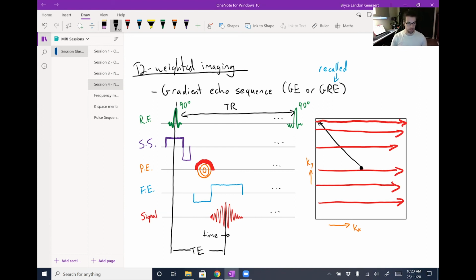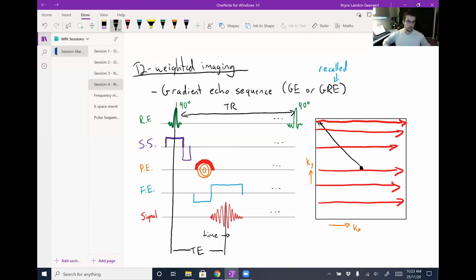That is faster, and it requires some fancy tricks and techniques to get a nice quality image of a 3D k-space, but it's possible. And later on in this session, we're going to be talking about techniques where you're acquiring the whole k-space at once, as fast as possible, instead of one line at a time. This is just a simpler example.